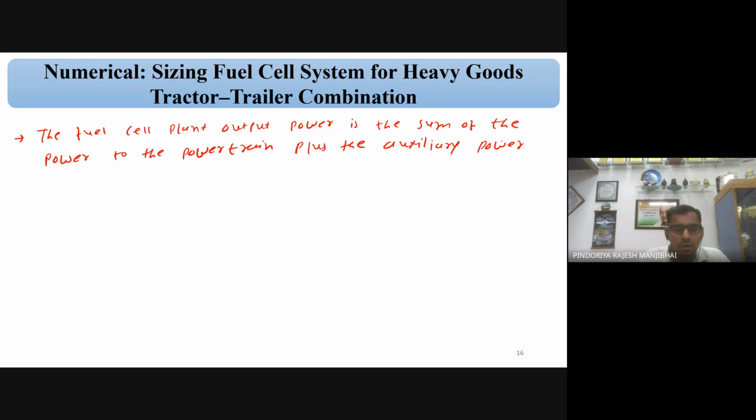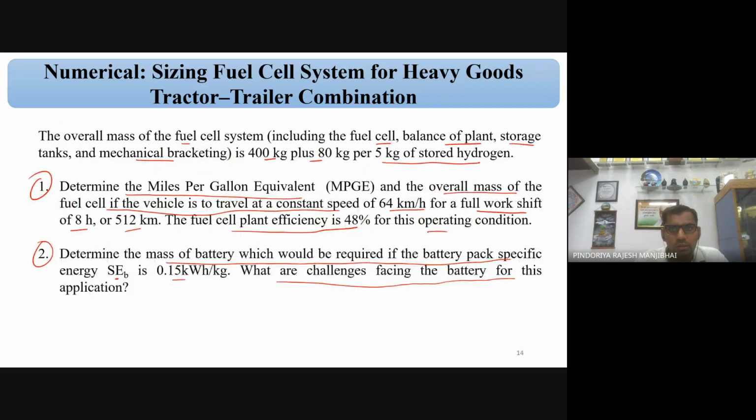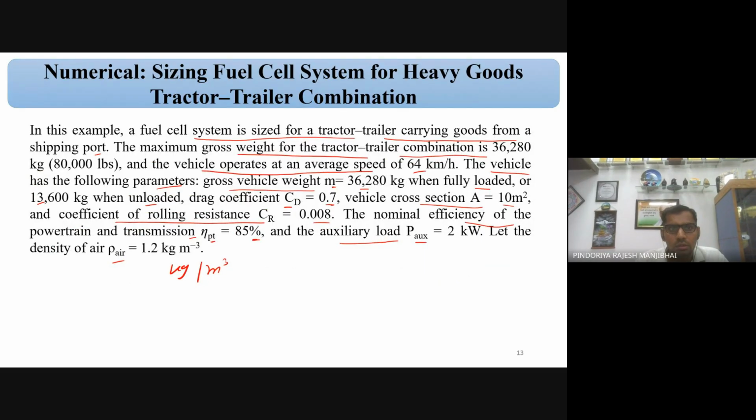Okay, so plus auxiliary power. So we can define P FCP is equal to PV divided by eta PT plus P auxiliary. So what is PV? So 74 point something is defined, 74.23.